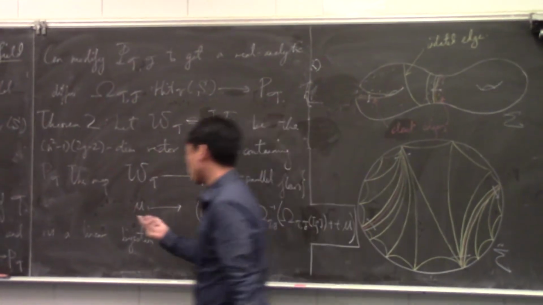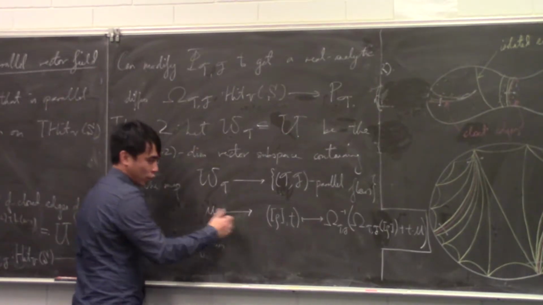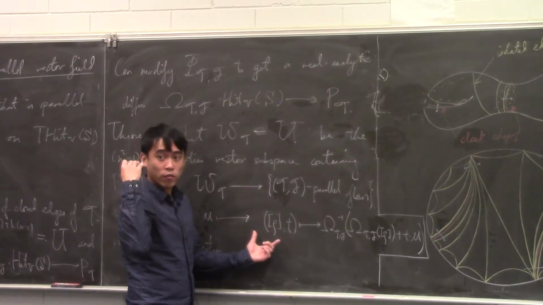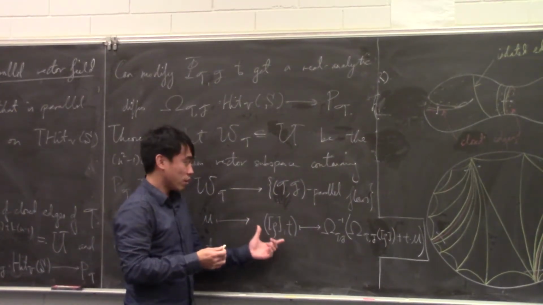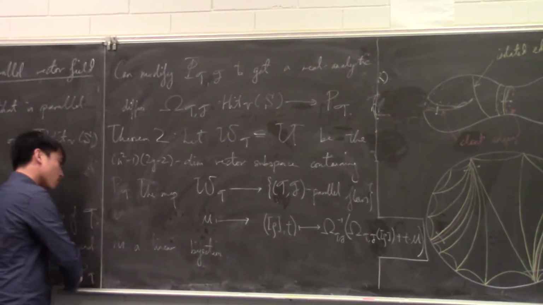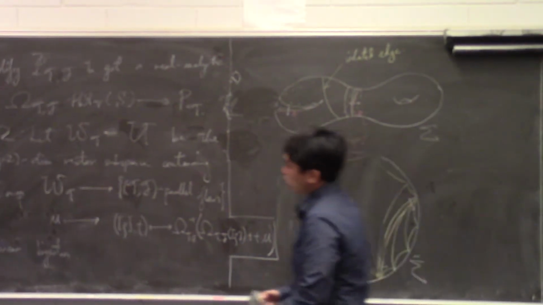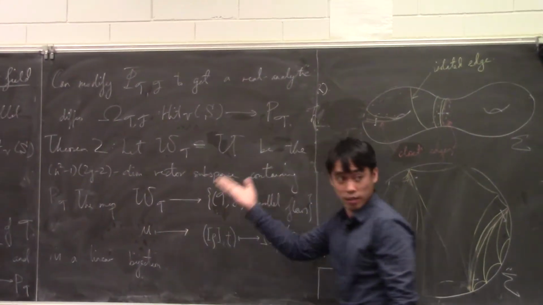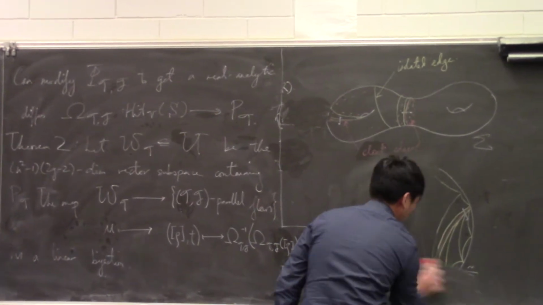The content of this theorem is that whenever I give you a vector in Wt and construct a flow like this, it is in fact one of the Tj parallel flows that I defined, and also every Tj parallel flow is realized this way. Because this parametrization is explicit, this gives you a very explicit description of what all the Tj parallel vector fields and all the Tj parallel flows are.